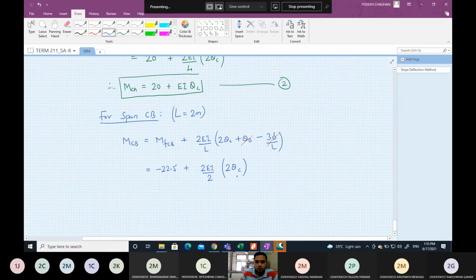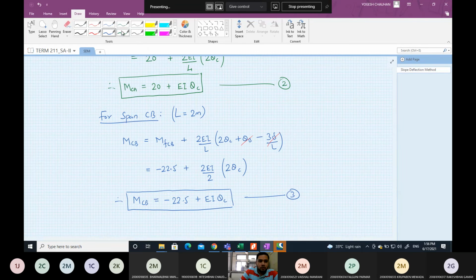So you are left with only this part, and MCB is equal to minus 22.5 plus EI theta C. Mark this as number 3.